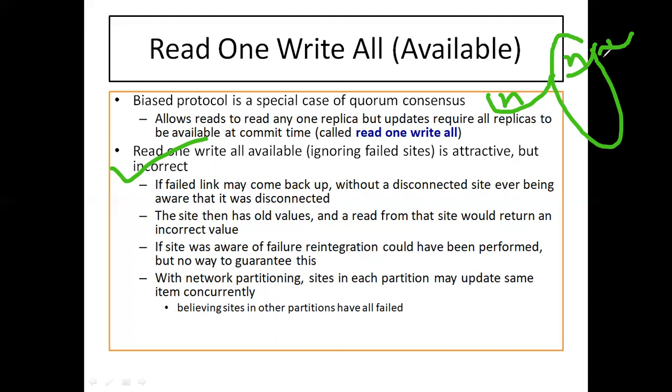Suppose this n minus one site से आपने replica उठाया वो updated नहीं है because of some network failure की वजह से भी हो सकता है. But you have not checked all the other sites for that, and you have the confidence that you are getting the updated item. ठीक है? तो क्या होगा? That is going to give you a wrong output or wrong result. So that's why we are mentioning here that although this read one write all looks attractive, but actually it may sometimes be incorrect.